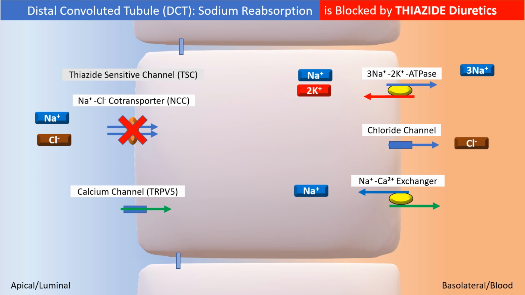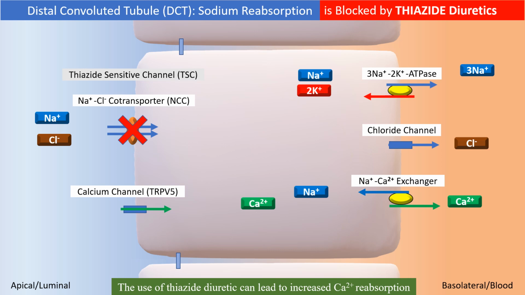This leads to increased sodium-calcium exchanger activity, which in turn facilitates more luminal calcium to be reabsorbed via the apical calcium channel. Inhibition of NCC with thiazide diuretics, therefore, may lead to hypercalcemia in susceptible individuals.